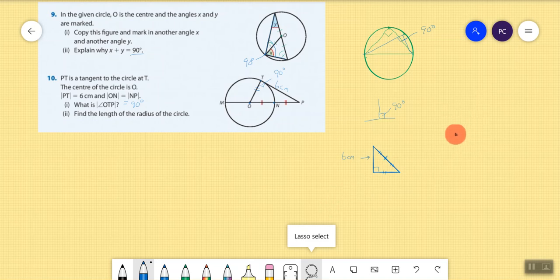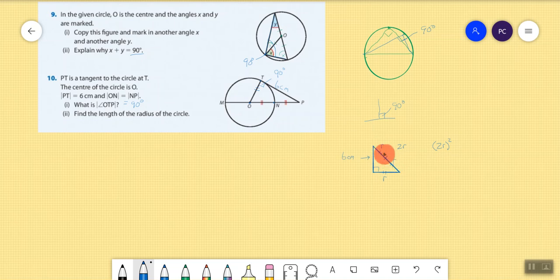So if we call each of these lengths R, this is R, and this is R. So this length here is 2R, 2 times the radius, and then this length here is just R. So we can use Pythagoras' theorem: 2R squared, so that's just these two lengths here.